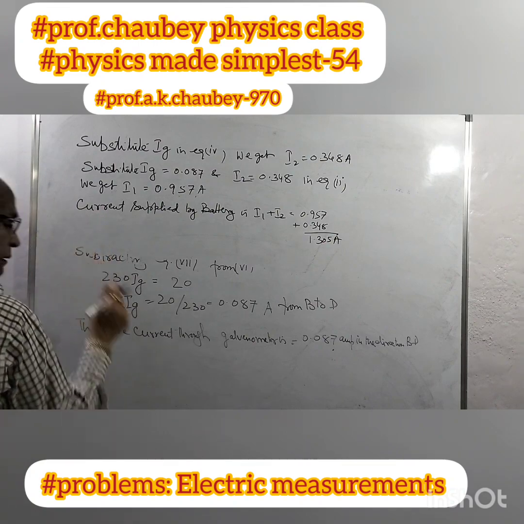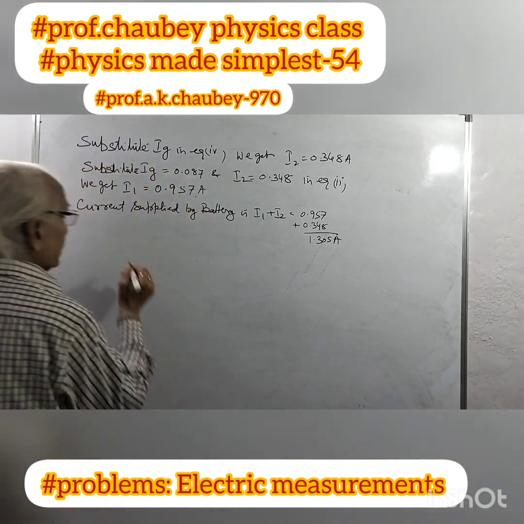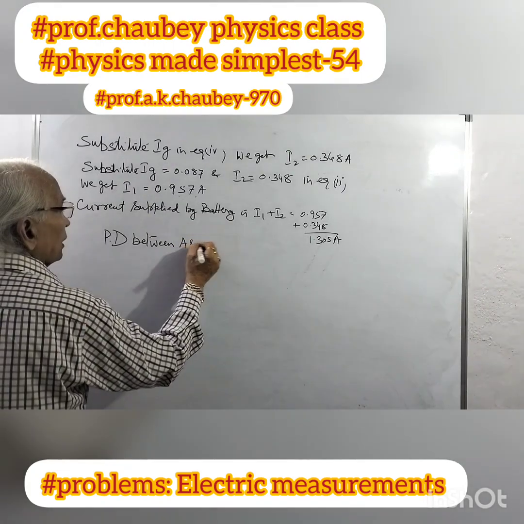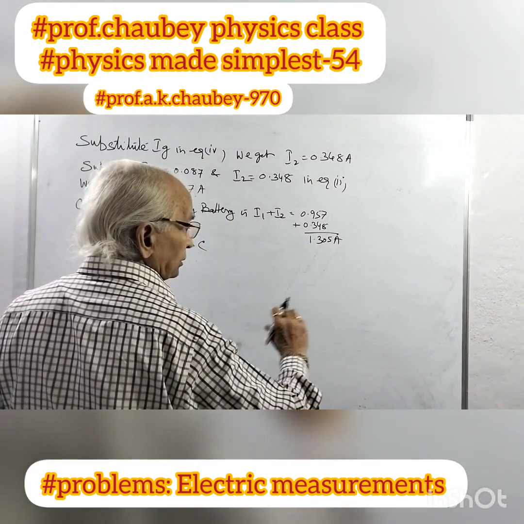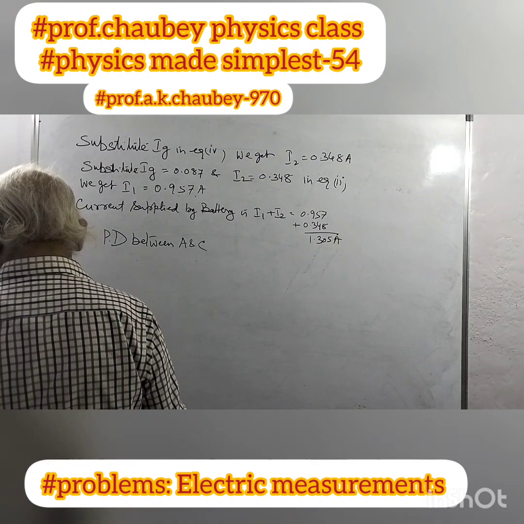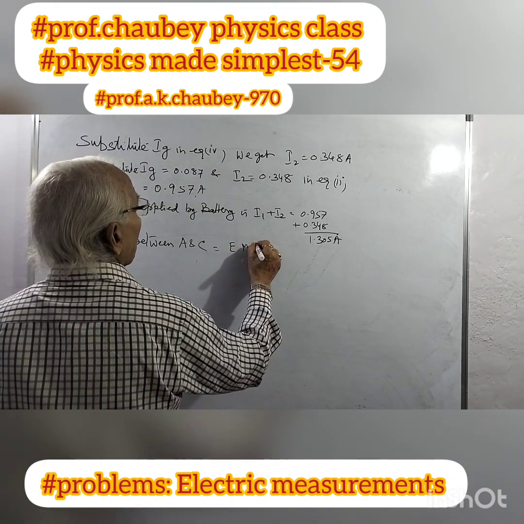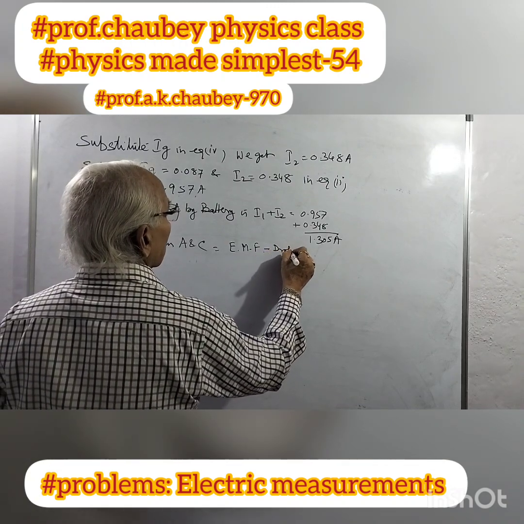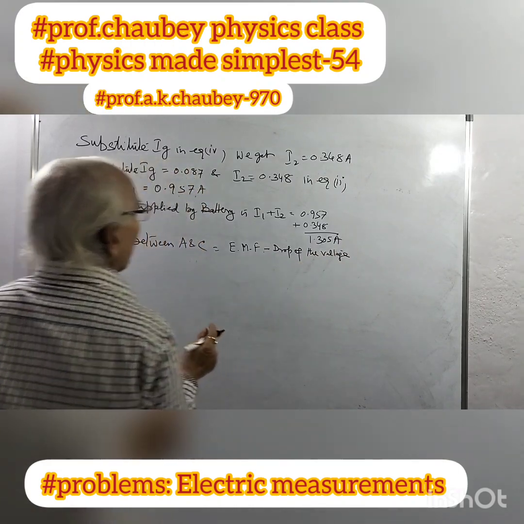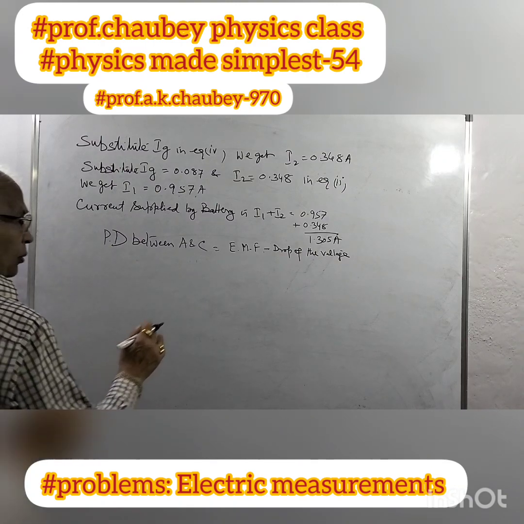And the PD between A and C, that is the potential difference. We have to calculate the resistance between A and C. The battery is connected across A and C. PD between A and C is the EMF of the battery minus the voltage drop in the battery.